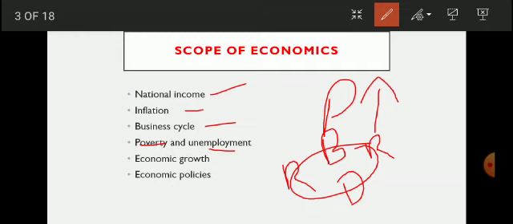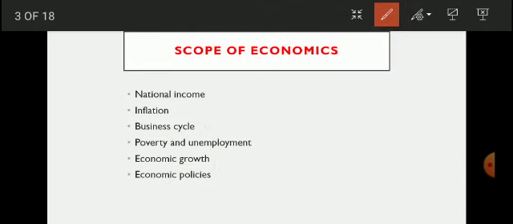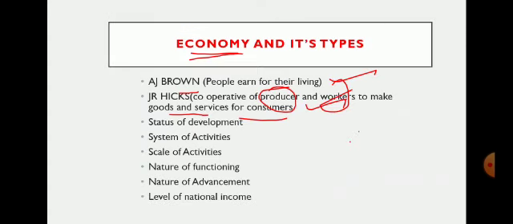Poverty is when people are without basic needs. Unemployment is being without work. Then economic growth, which is the development and growth of the country. And economic policies, the various policies to develop our country.